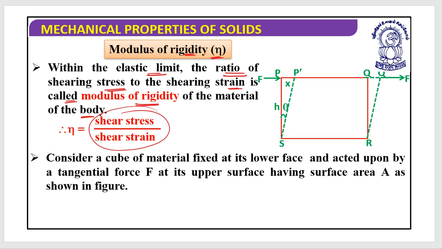Now let's consider a cube of material which is fixed at its lower face, and it is acted upon by a tangential force F at its upper surface, having surface area A, as shown in the figure.